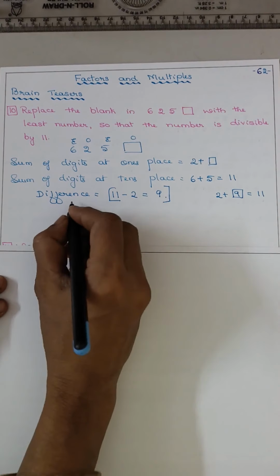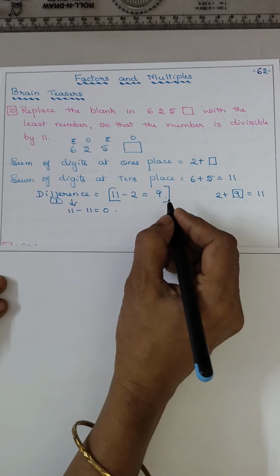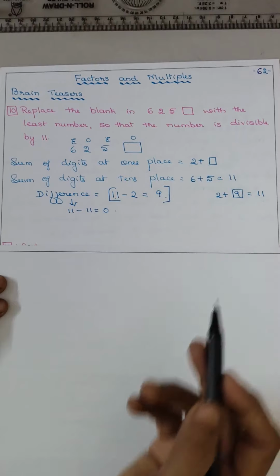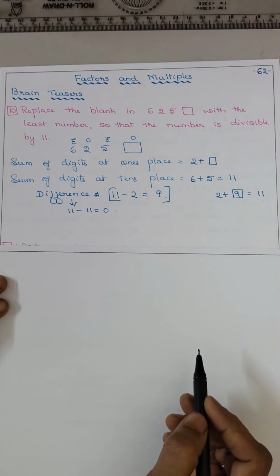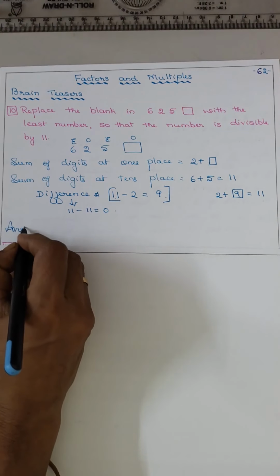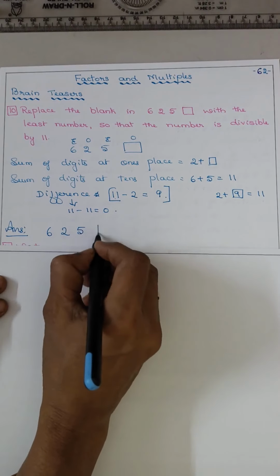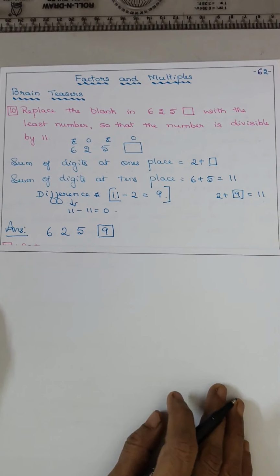So now the difference will be 11 minus 11 is equal to 0. So how you got it, 11 minus 2 is 9. So answer, 6 2 5 box में आएगा 9. Okay.